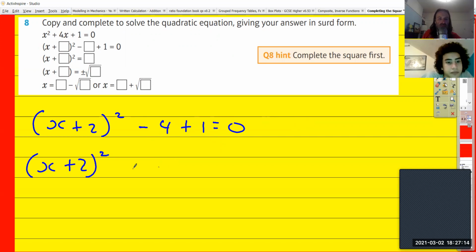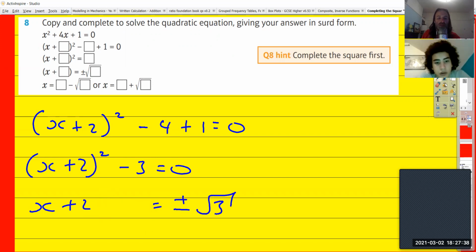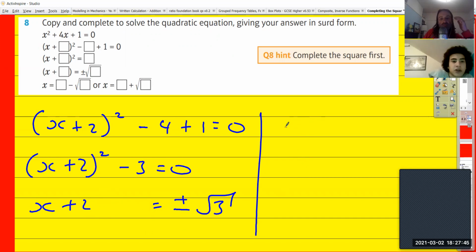Minus 3. Minus 3 equals 0. X plus 2 equals plus or minus root 3. Okay. Yeah, go on. X equals 2 minus root 3 or x equals 2 plus root 3.